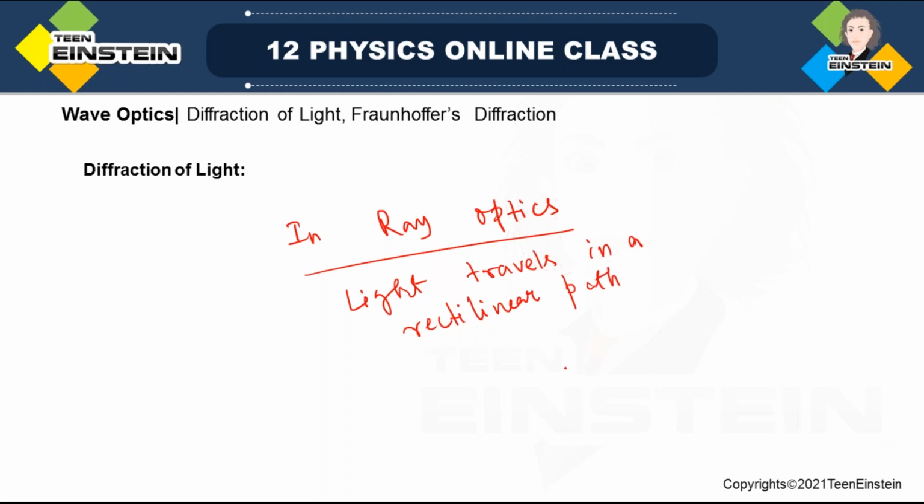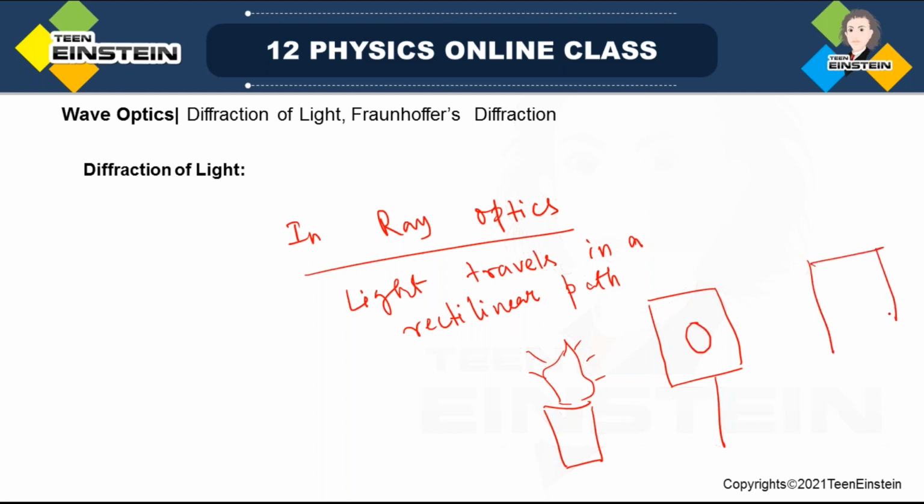If we do a simple experiment, suppose I keep a candle over here, and you keep a cardboard with a hole at the center, and keep another screen over here.